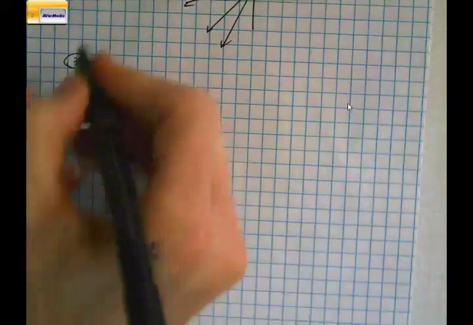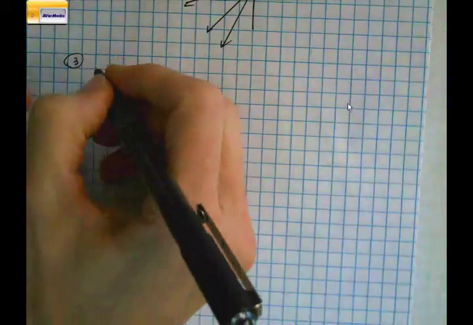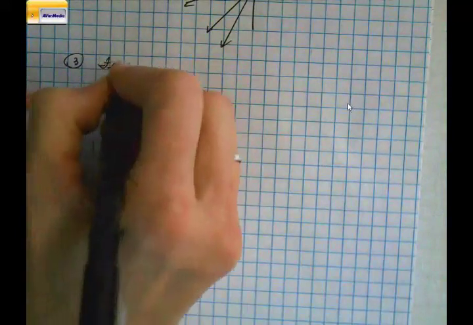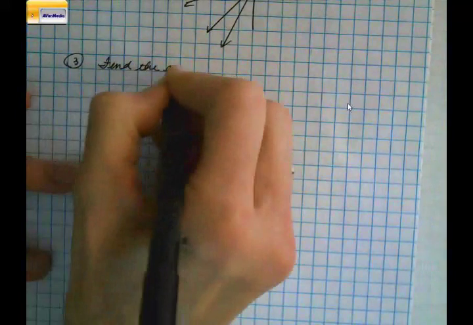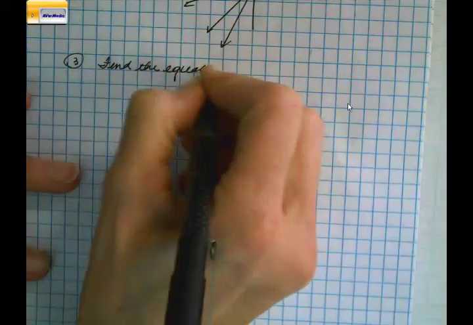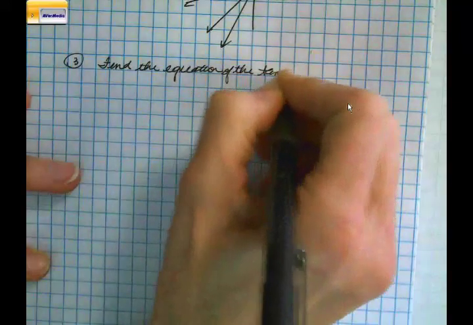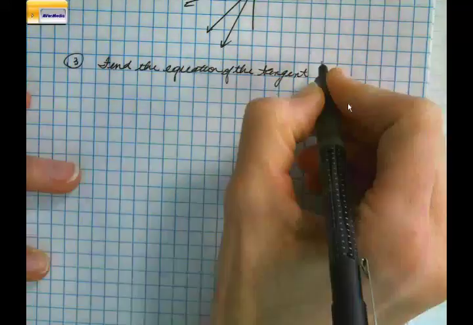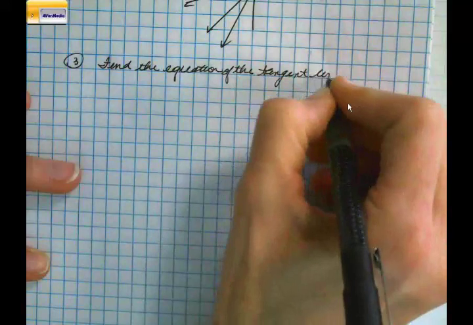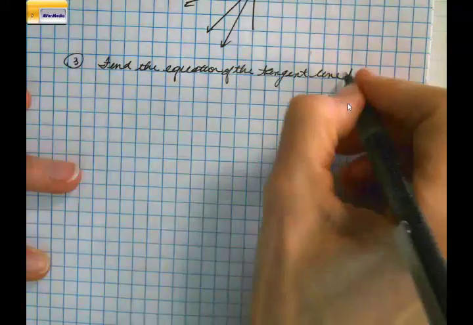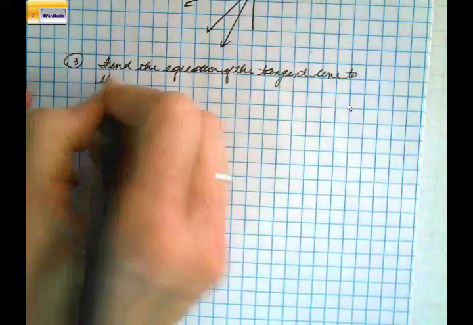So here's another good question. It says, find the function's graph at the given point. Find the equation of the tangent line to the graph. I'm going to put to the curve.